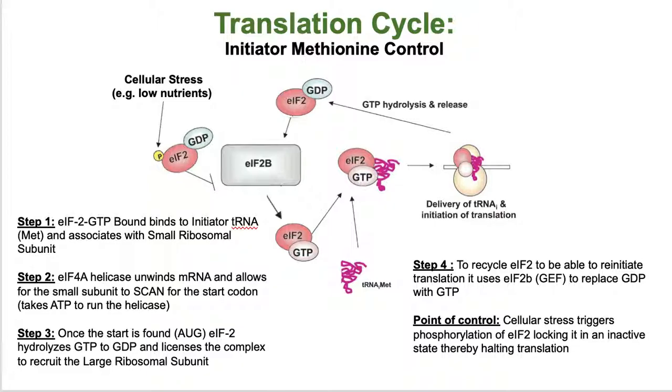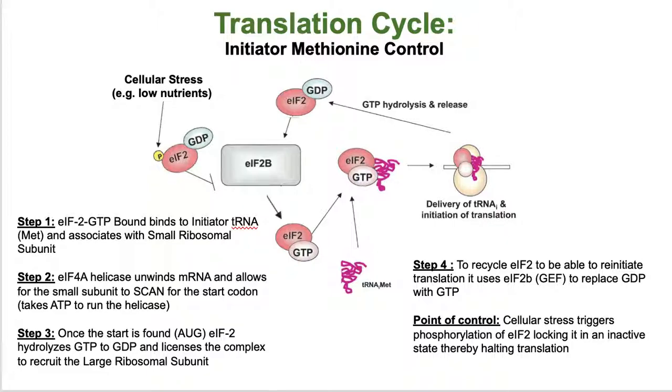I was going to ask about the line that points from the phosphorylated eIF2 to the eIF2B GEF. Does that mean that phosphorylation is inhibiting the GEF activity? That's a good point. What is thought to occur when eIF2 alpha is phosphorylated is that it doesn't allow it to interact anymore with the GEF.